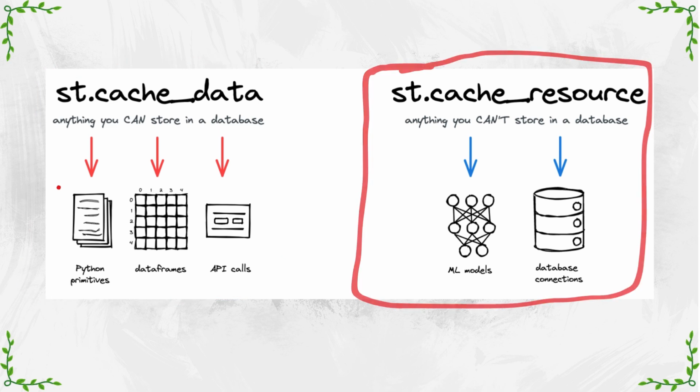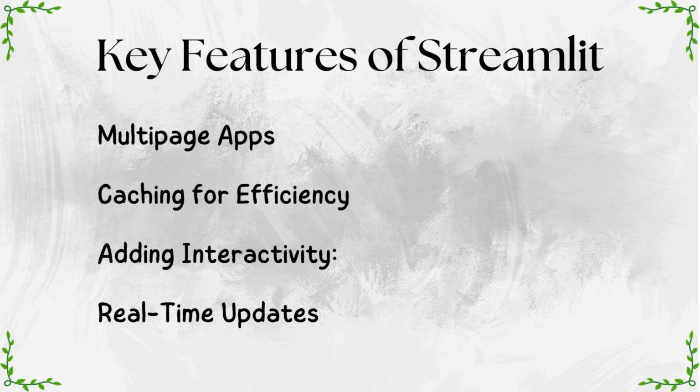On the right hand side, st.cache_resource is for caching items that cannot be stored in a database, like machine learning models and database connections, preventing repeated loading and initializing, thereby improving app performance and efficiency.